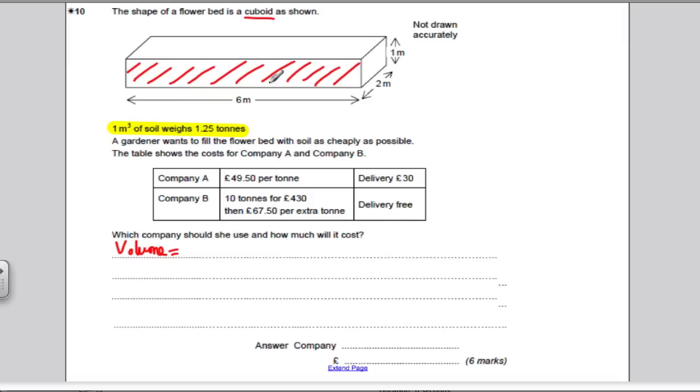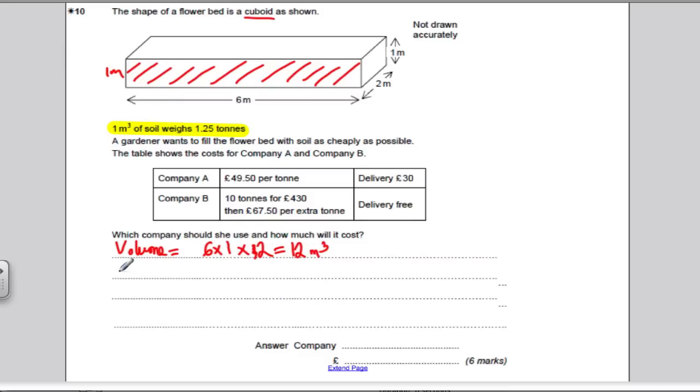So the height here is 1. So it's this area here times by how far back it goes, which is 2. So the volume must be 6 times 1 for this area, and then multiplied by 2. And that would give us 12 meters cubed.